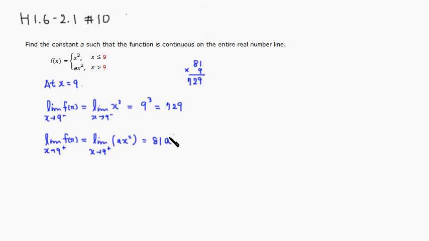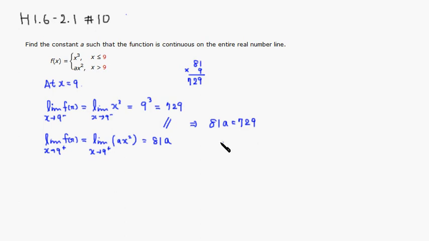But we have to make sure that the limit exists, so we make sure that these two numbers are exactly the same. So therefore, 81a must be equal to 729, right?